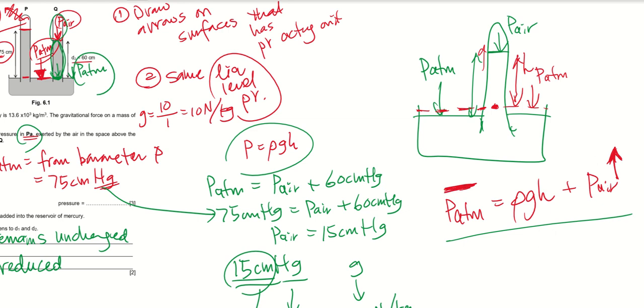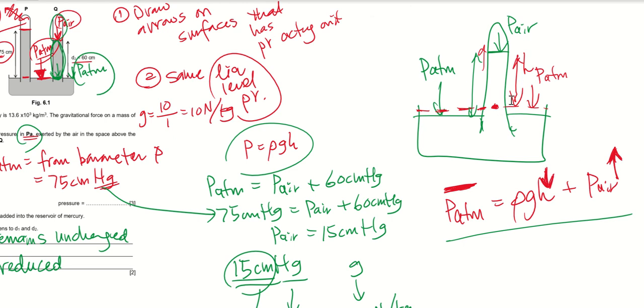Now PATM is constant, we did not go to another place. But when I give the air lesser volume, because now I added more mercury, the pressure of air will increase inside here. And if the pressure of air increases, that means my height will decrease.